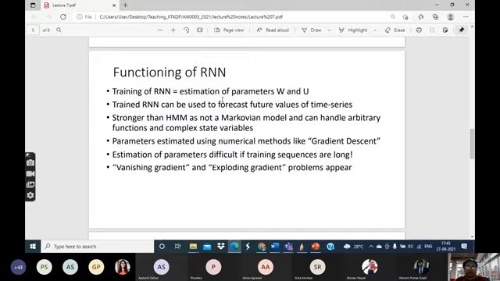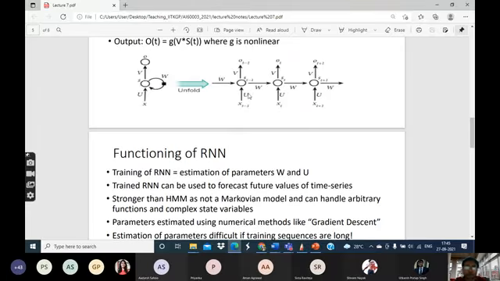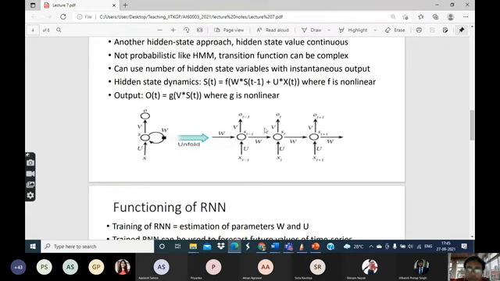Now, how does a recurrent neural network work? First of all, to do anything with this, we need the values of all these parameters, W, V, etc. Note that the time series we are considering here may be arbitrarily long, but the values of these parameters W, U and V, these are the three parameters here, are not changing over time.